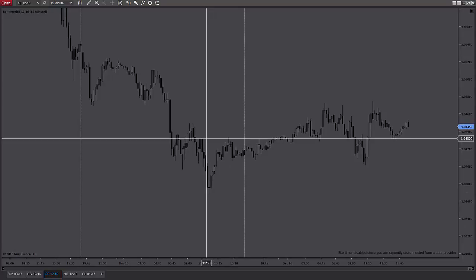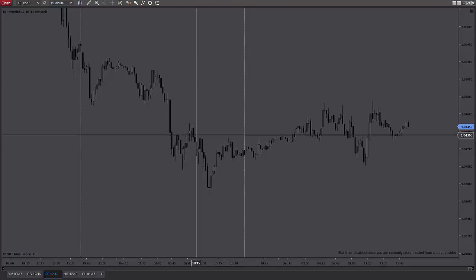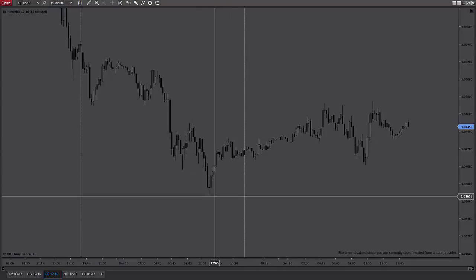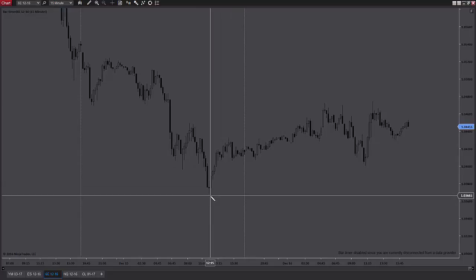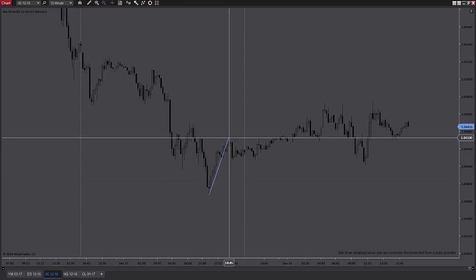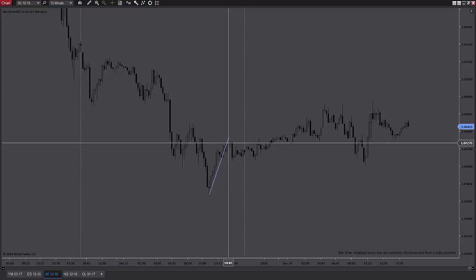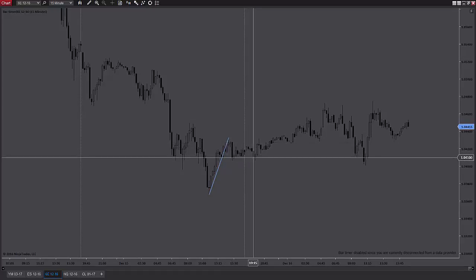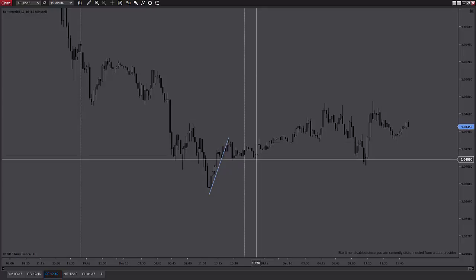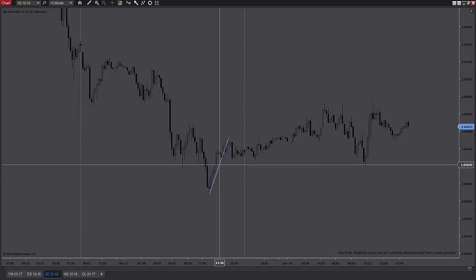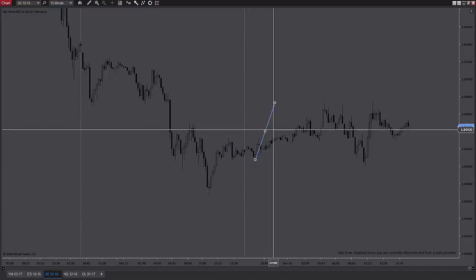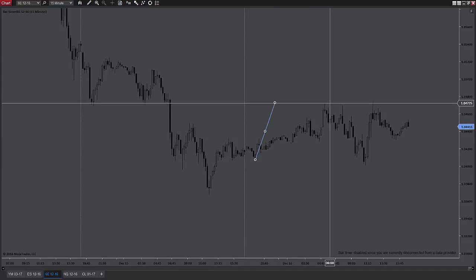So, having said that, and we're looking here, you identified this swing right here as your first correction, and then the market tried to push down, it couldn't, and then you moved this up and you said that the market produced an ABC to the upside, and that is correct.